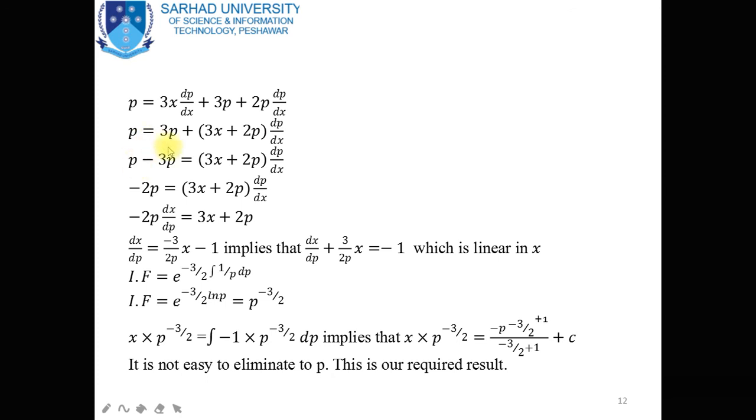Now we can write p minus 3p is equal to 3x plus 2p into dp by dx. So we obtain minus 2p is equal to 3x plus 2p into dp by dx, and now we can write minus 2p into dx by dp is equal to 3x plus 2p, and now we can write dx by dp is equal to minus 3 divided by 2p into x minus 1, and this implies dx by dp plus 3 divided by 2p into x equals minus 1.